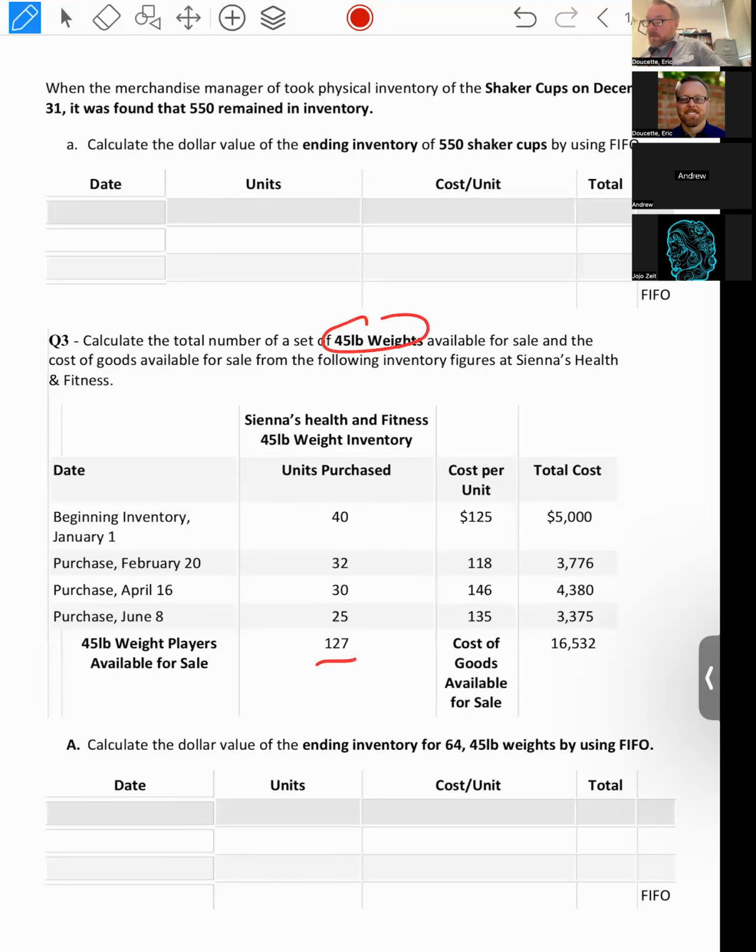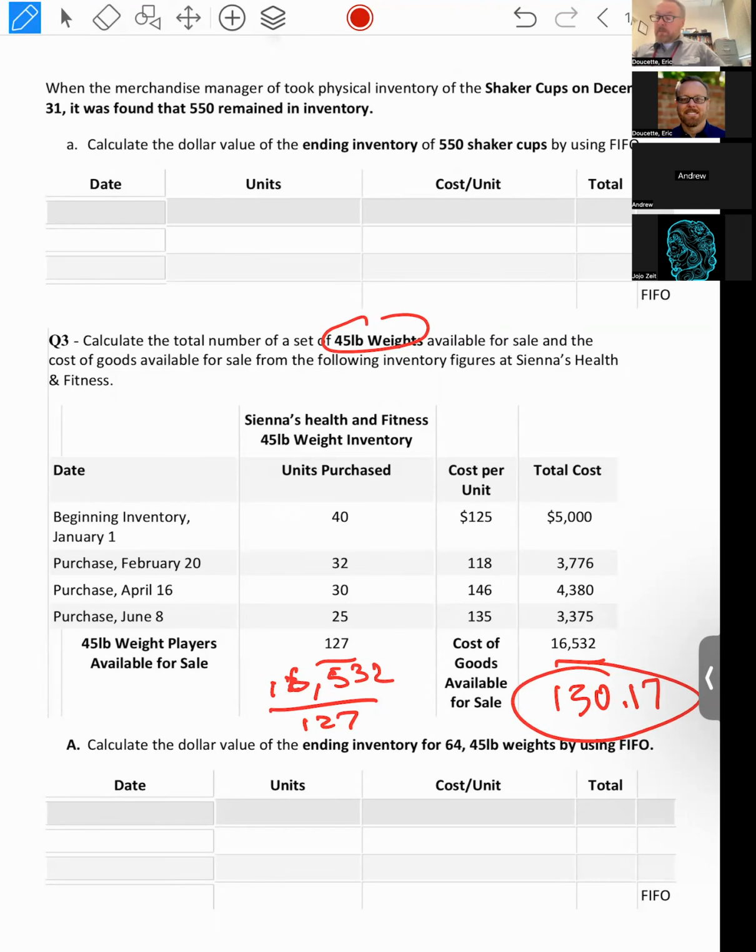So I take my costs, $16,532, divided by 127, is going to give me an average cost. It comes out to $130.17. So that's my average cost.